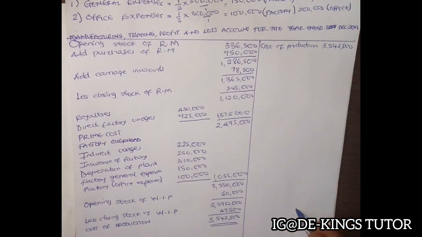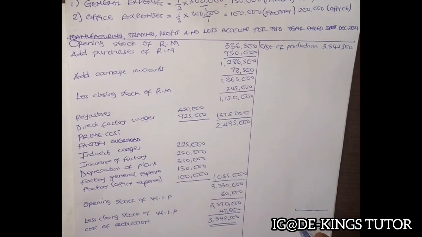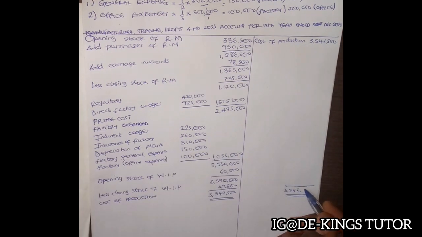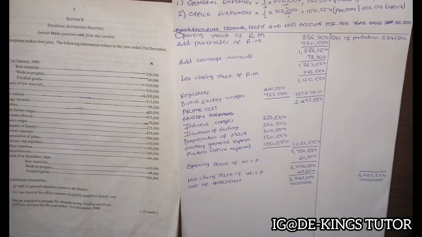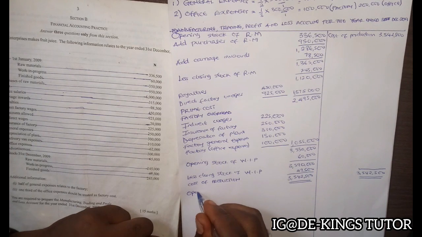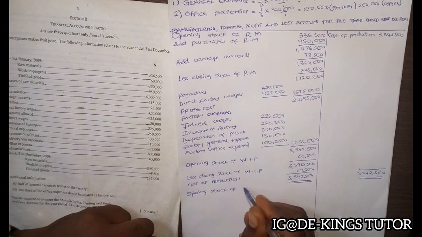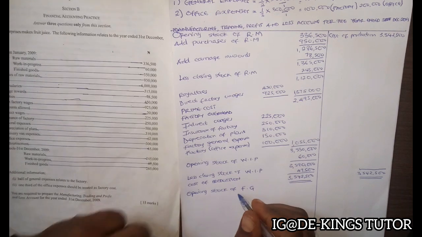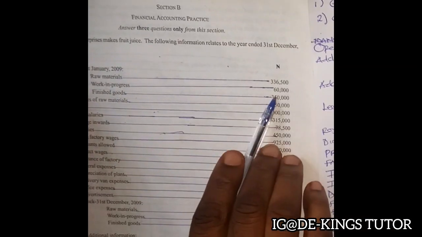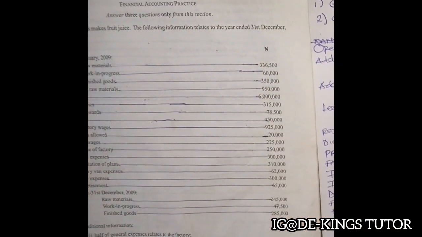So that these two will balance 3,542,500. Okay. So the last part now will be the trading profit and loss account. So it will now be opening stock of finished goods. So this is open stock of finished goods, 350,000.